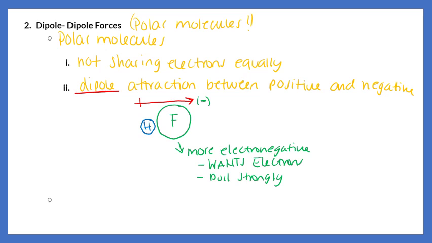Where hydrogen is less electronegative, it doesn't want electrons, and therefore it's going to be a weak pull.